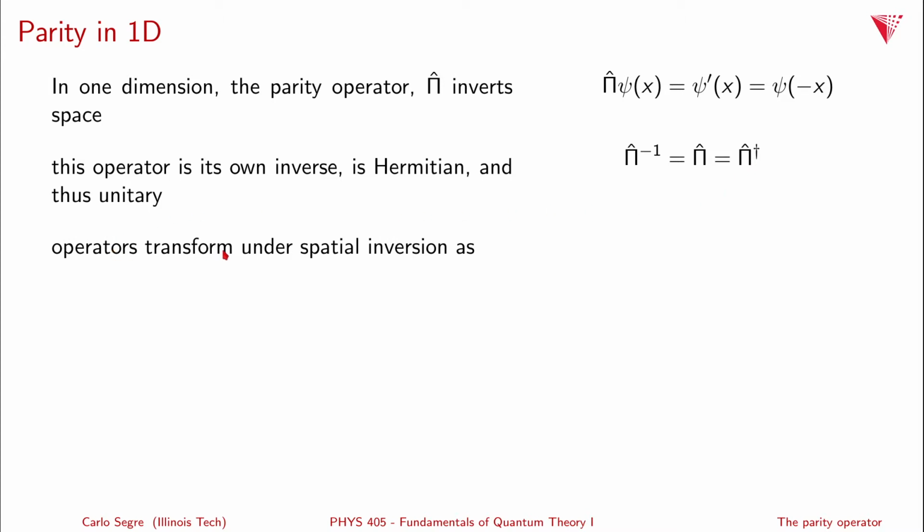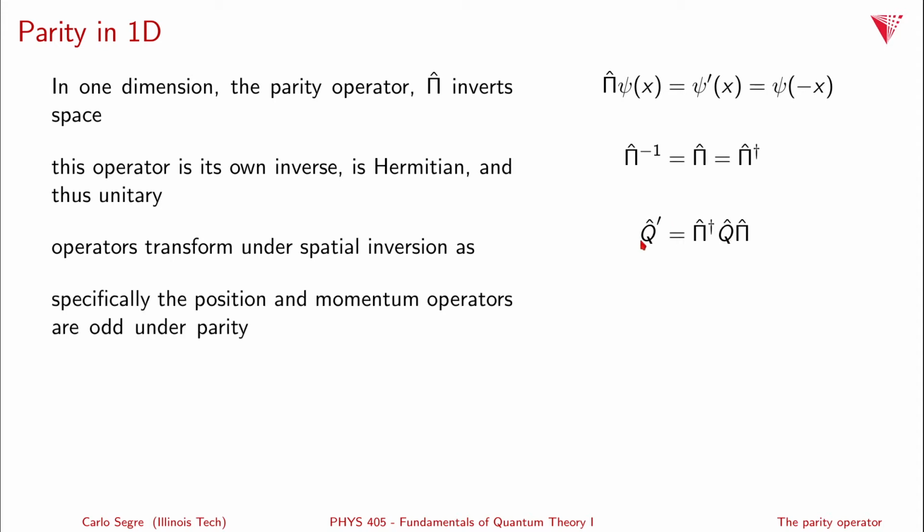Remember that operators transform under spatial inversion in the following way. We take an operator Q, we sandwich it between the Hermitian conjugate and the operator itself for the transformation, and you get Q prime. Specifically, the position and momentum operators are odd under parity.